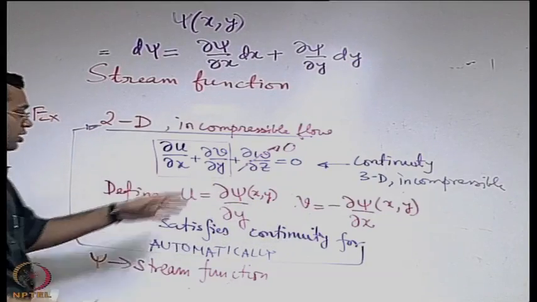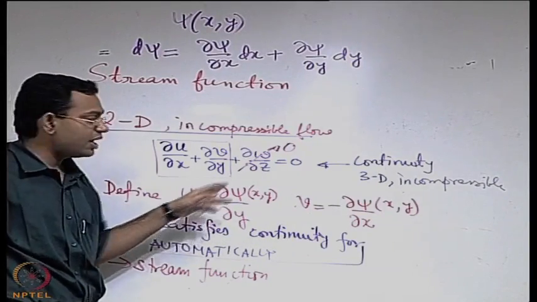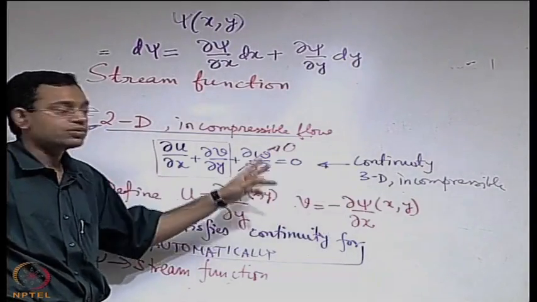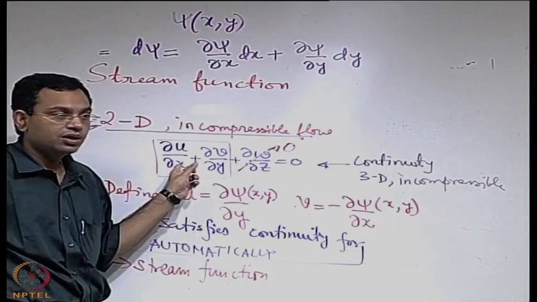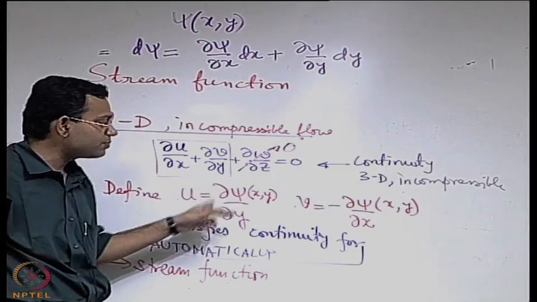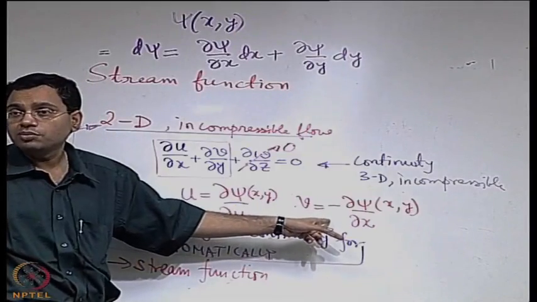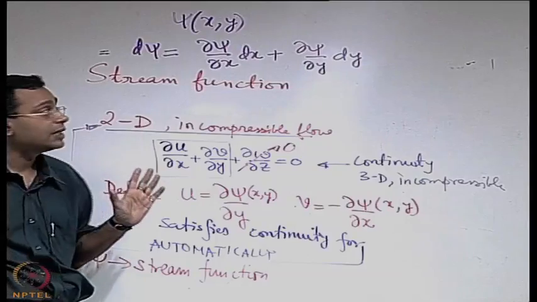Remember one thing, one could also write u as minus of this and v as plus of this. So there is no sanctity with this plus or minus, the only thing is they have to be of opposite sign to satisfy the continuity equation. Different books will take either this as plus, this as minus, or maybe this as minus, this as plus, nothing is wrong, because your objective is to satisfy the continuity equation, nothing more than that.